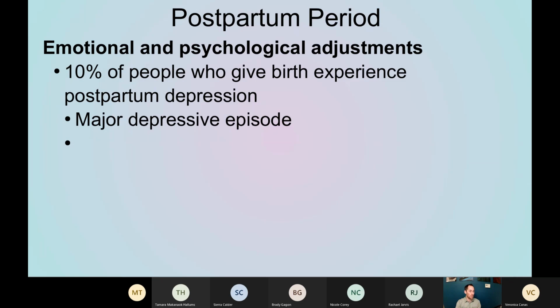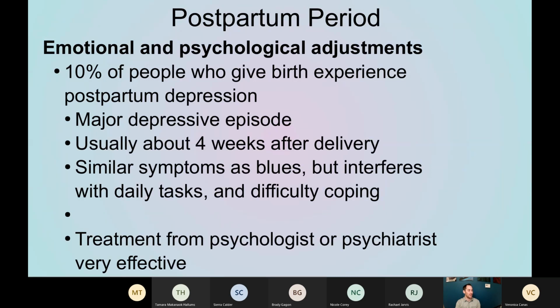Oftentimes a person is expected to be really happy with a new child, but if you're experiencing a period of depression, one of your symptoms might be that you can't feel happy or excited about it. Usually this is apparent at about 4 weeks after delivery. Like I said, a lot of people do experience postpartum blues, but if those continue up to a month after that birth, then that's a pretty good sign that this person might be experiencing postpartum depression.